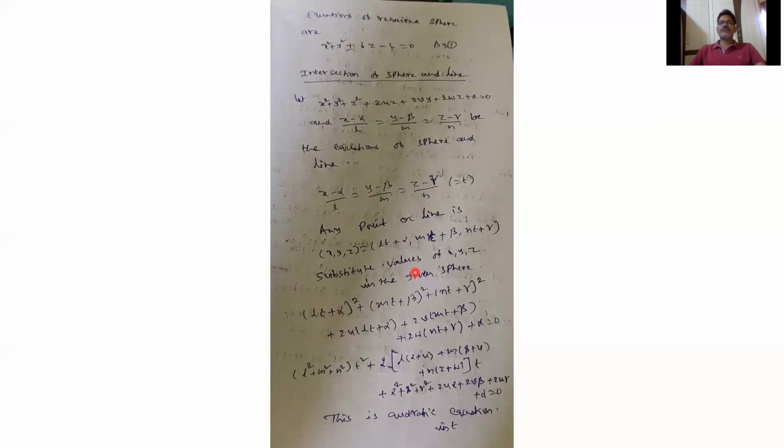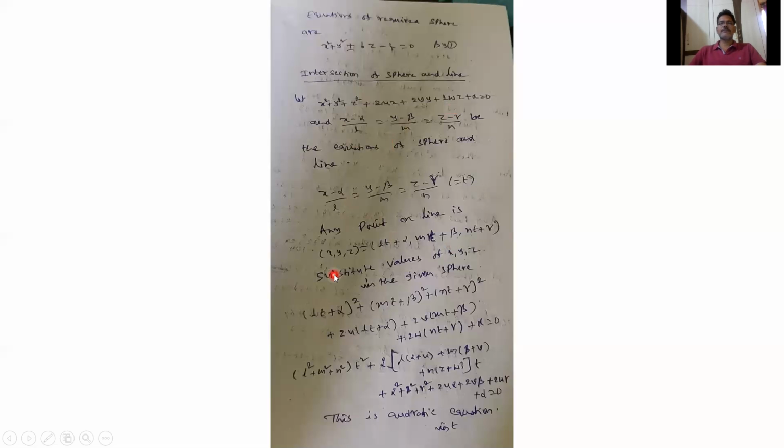So substitute these values of x, y, z in the given sphere. x square plus y square plus z square plus 2ux plus 2vy plus 2wz plus d equals 0.